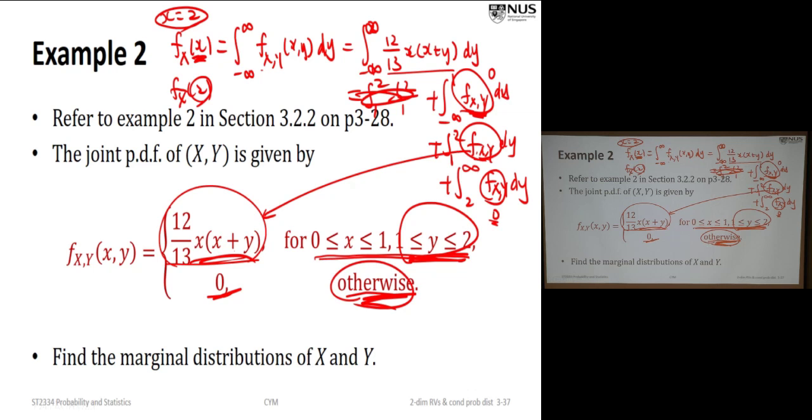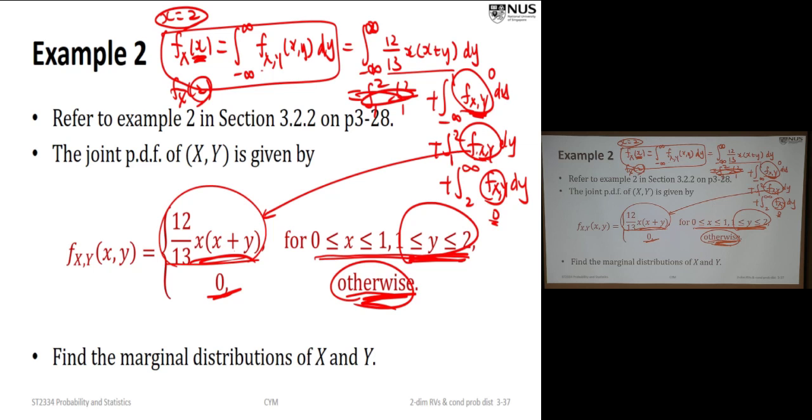So in other words, you have to look at the region for which the joint PDF is defined. The definition is to integrate. Nothing wrong with the definition. This is always true. The problem is, what is this joint PDF? So you have to pay attention. The joint PDF is valid for a certain region.